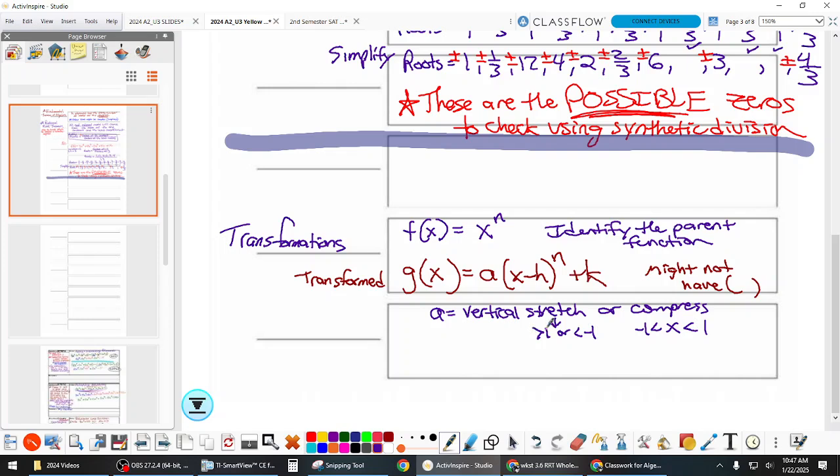Stretch, if it's bigger than 1 or smaller than -1, it's stretching. Compressing, if a is between -1 and 1. Not including 0, of course. By the way, this should be an A, not an X. Sorry about that. But A can't be 0, otherwise that's not a polynomial. Okay?